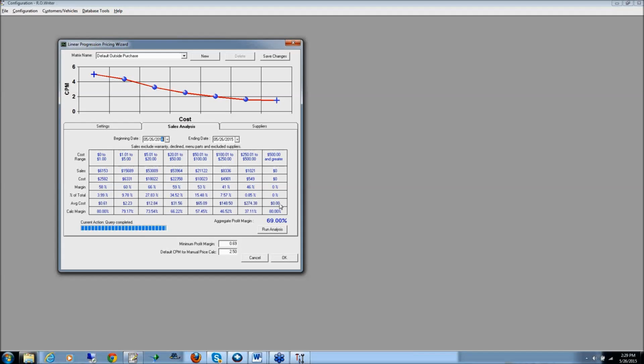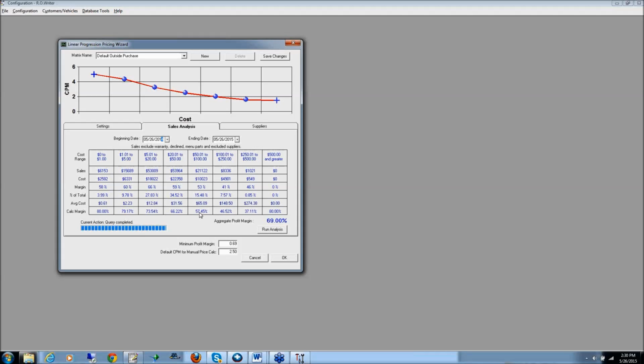Down here where it says aggregate profit margin, this is a rounded number, so they'll always come up to, in this case, 69.00 as the behind the decimal digits. But this is telling me that based upon my historical performance, if I applied my pricing rules, my matrix, as it sits today, I should achieve about a 69% margin.